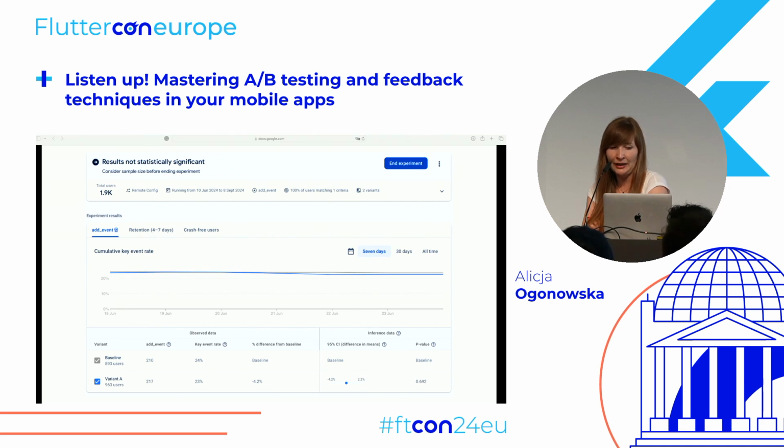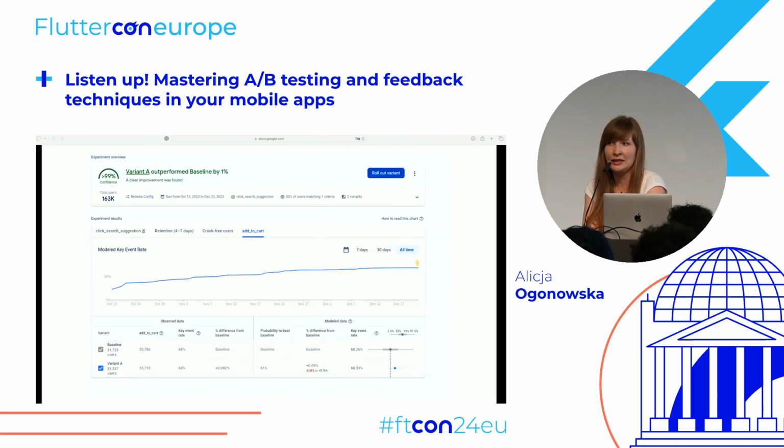But I was able to get a result from a test that I was part of some time ago, and my previous manager was so nice to share it with me. So actually, this is how it looks like when you get a result. So you see which variant performed better based on the condition that you set up there, and you have the option to roll out this variant immediately to all users.